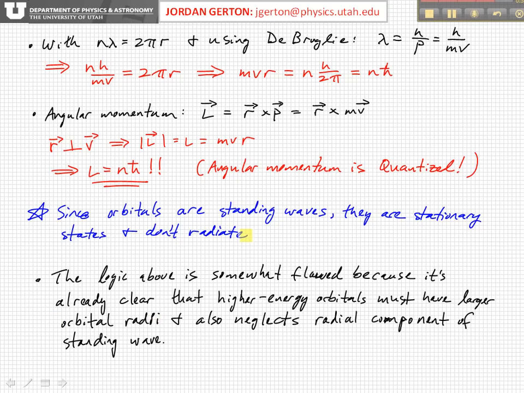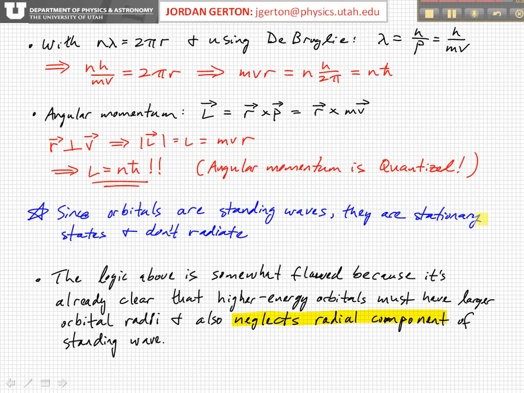Now, all this logic is somewhat flawed. It establishes the plausibility of Bohr's hypotheses, but it's somewhat flawed because, for example, it neglects the radial component of the standing wave. So we've only talked about the angular component.